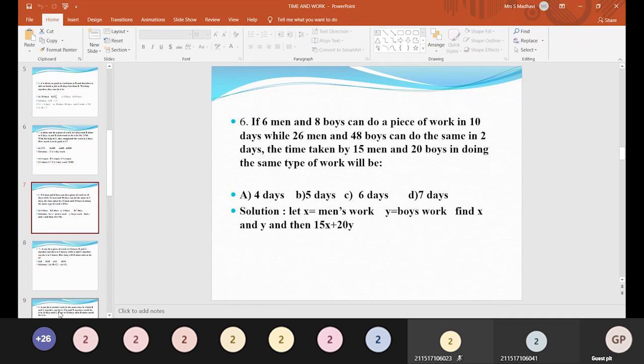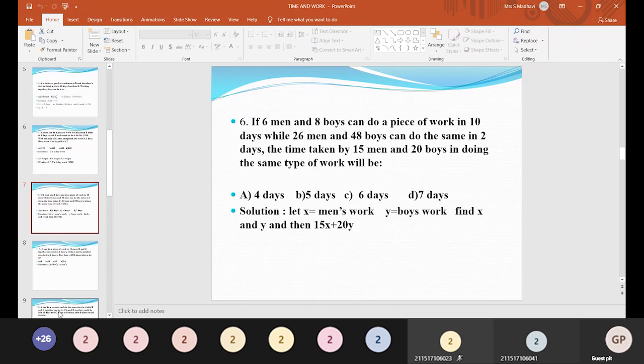See here, on solving the two algebraic equations, we get x as 1 by 100 and y as 1 by 200. Here 15 men plus 20 boys means in place of x we substitute 1 by 100, and in place of y we substitute 1 by 200. So 15 by 100 plus 20 divided by 200 is equal to 1 divided by 4.